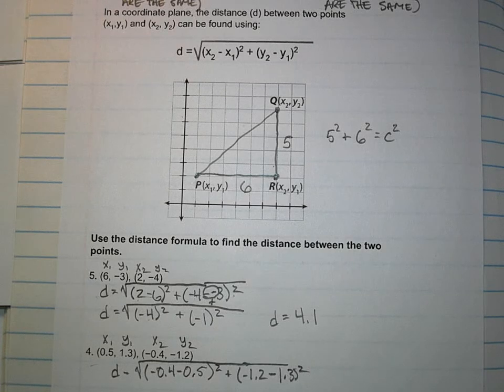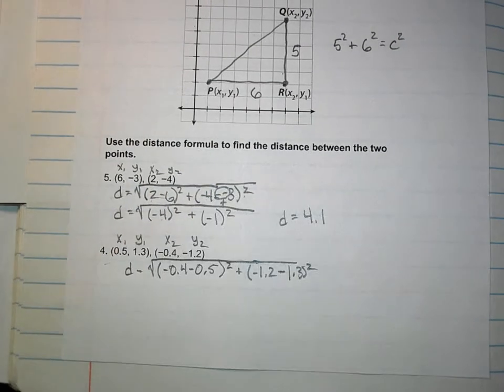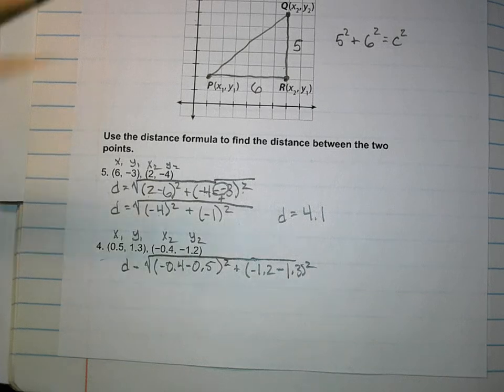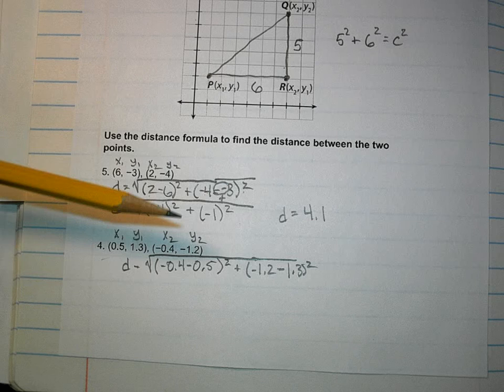You don't even have a book. You shouldn't have a glue stick at all. I have one. It's just in my bag. I'll move it up. Thank you. Remember, it's x2 minus x1 squared plus y2 minus y1 squared.